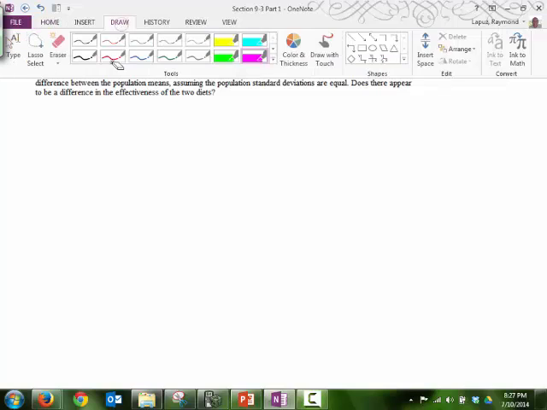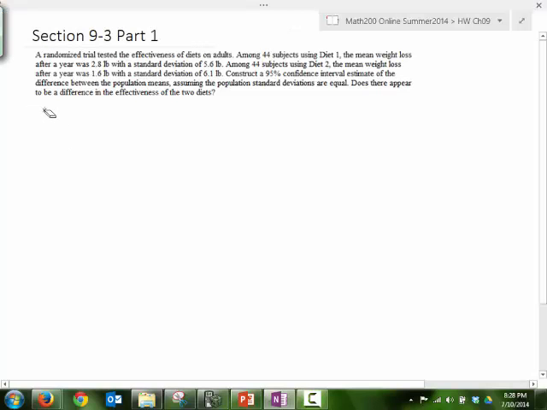And let's see. Test the claim that, what should the claim be? That diet 1, diet 2 was more effective, or diet 1 was more effective?